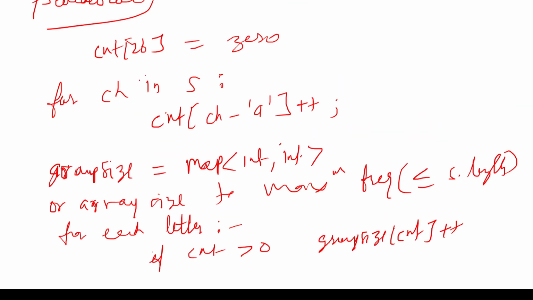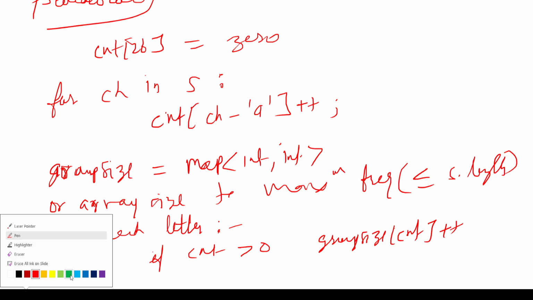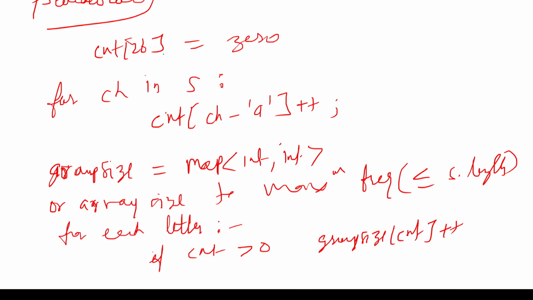So very first, what you need to do, give me 1 second. Very first you will define the count. This will be an array of 26 characters from A to Z, and you will update all the frequency counts.